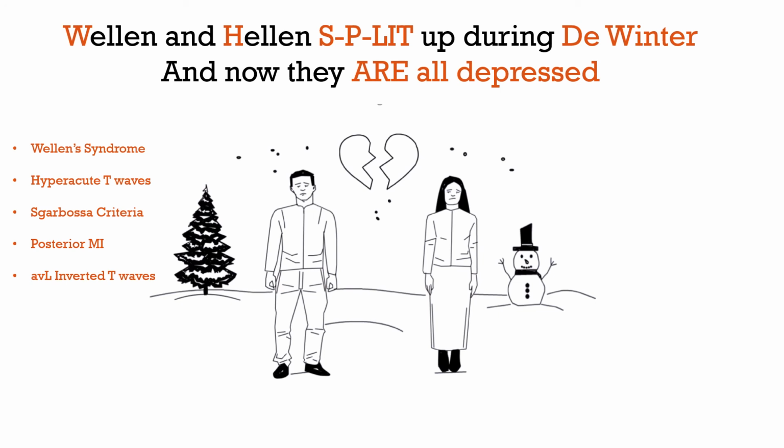De Winter represents de Winter's criteria, and now they are all depressed stands for aVR elevation in the setting of diffuse ST depression. Now these are all the additional EKG findings that you should be aware of beyond ST elevation and depression.